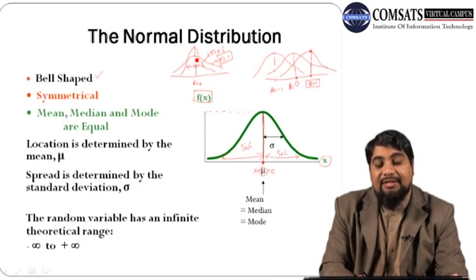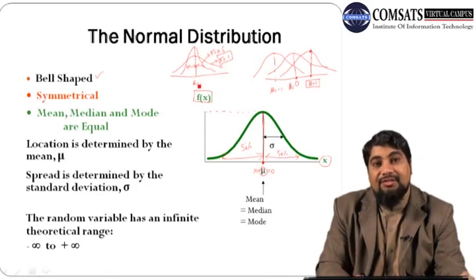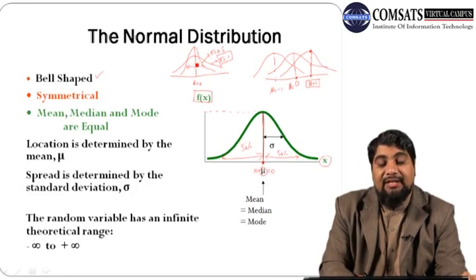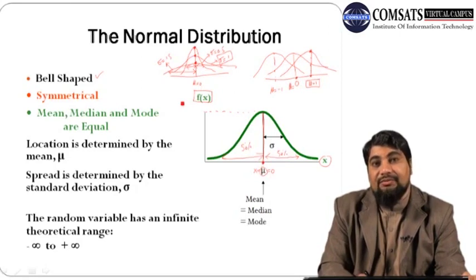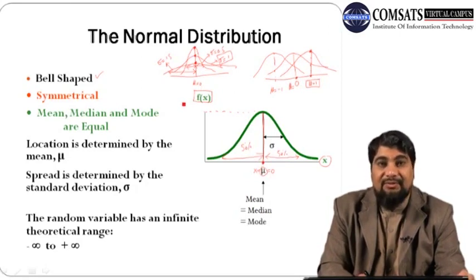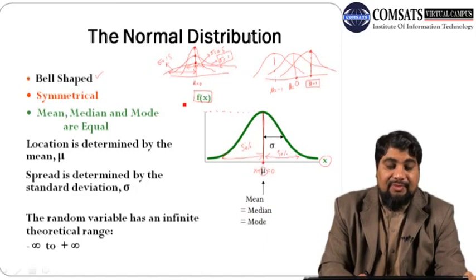And if we have another distribution with the same mean 0, but the standard deviation increases from 1 to 1.5, in that case it will be somewhat of this shape. So you can see that the spread of the distribution has increased, whereas since the peak in all three curves is the same at 0, we will say that the mean is 0 in all three cases.